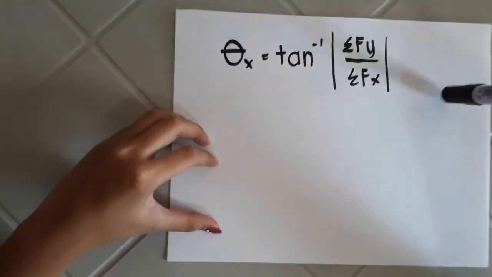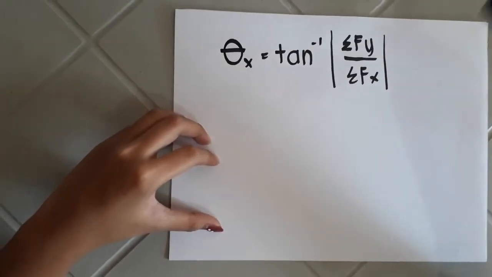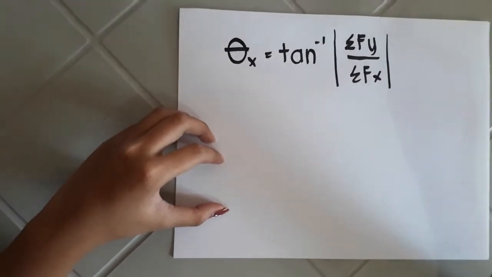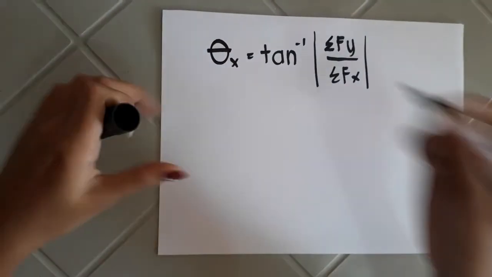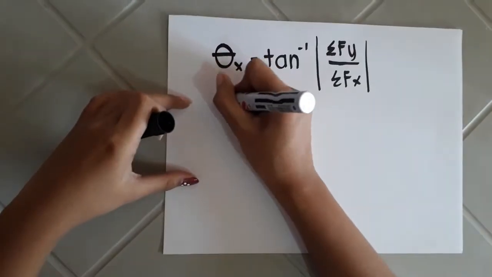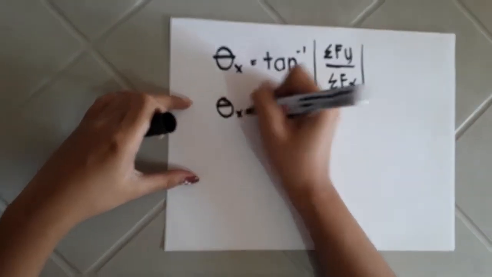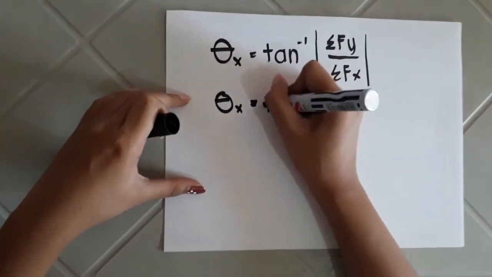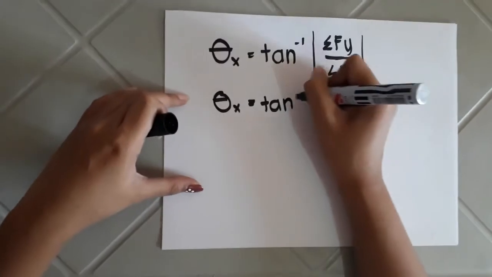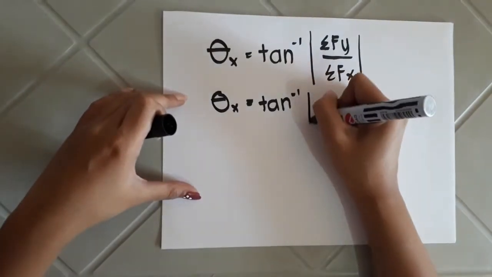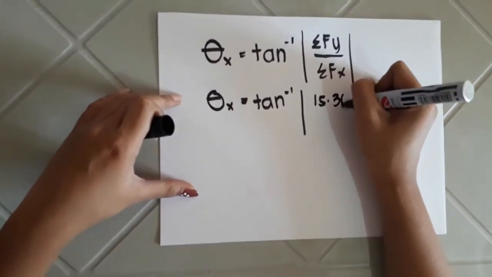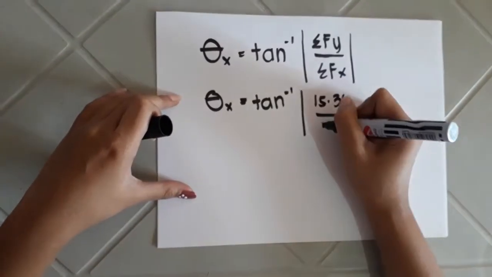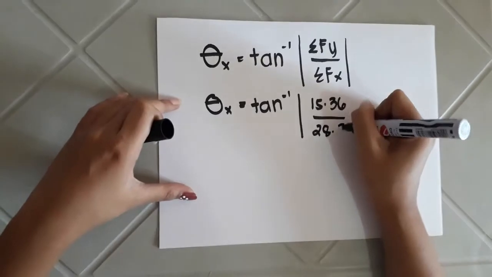The last step is to find the direction of the resultant with respect to the x-axis. So this is the formula. Angle is equal to arctan, the summation of F sub y over summation of F sub x. So the angle is equal to arctan 15.36 over 28.30.